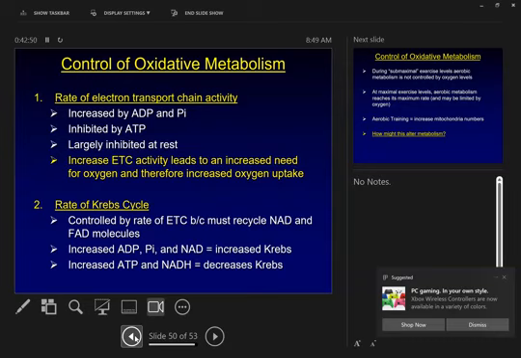Essentially, as ADP levels rise, the electron transport chain speeds up, so the Krebs is going to speed up. When we're at rest, we have lots of ATP and a reasonable amount of NADH around. Electron transport chain is going to be pretty slow, and the Krebs is going to be pretty slow. Of these two, it's the electron transport chain that's really the rate limiting spot.